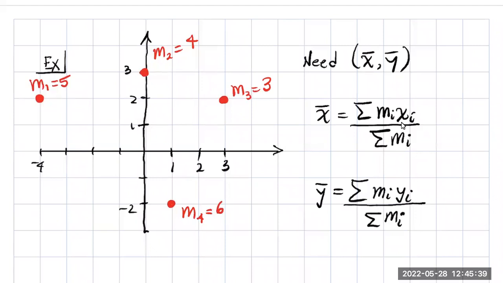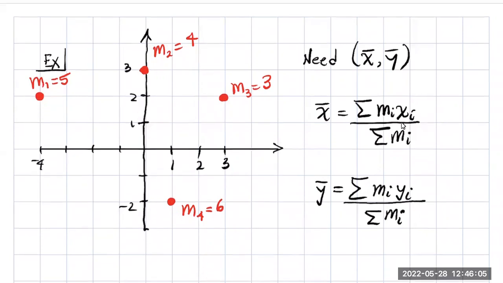What this will give us, gang, is a balancing point. Imagine that those 4 masses are different sized marbles that are set on a tray. And you hold the tray horizontally, kind of like what a waiter and a waitress would do when they're bringing glasses to your table. And what you want to know is what's the exact point where that tray will balance perfectly horizontally. So we're looking for the center of mass in 2 dimensions.